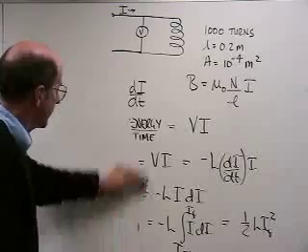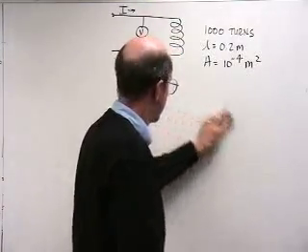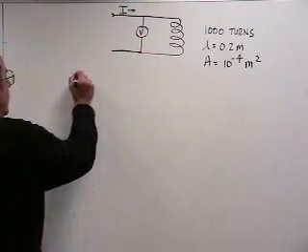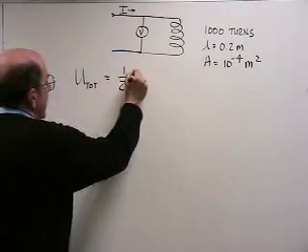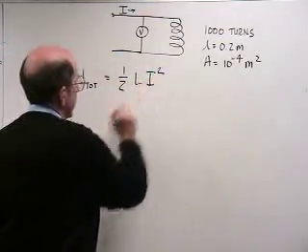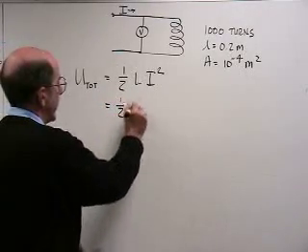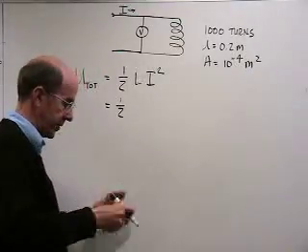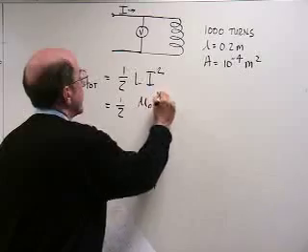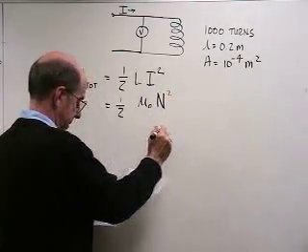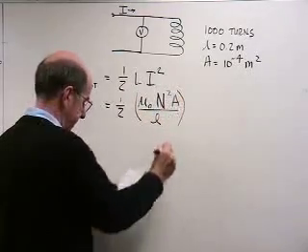So I'm going to erase this. The energy stored in the inductor is equal to 1/2 L times I squared. L, the self-inductance of the coil, is equal to mu0 times the number of turns squared times the area of the coil divided by the length.